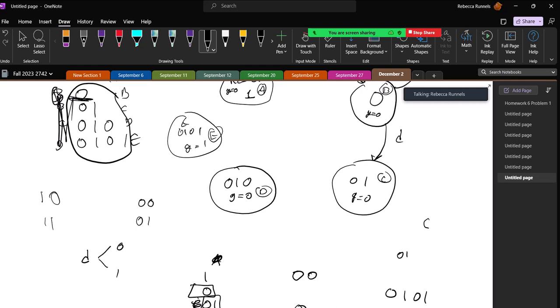If I'm in state 0, 1 and I get a 1, then now I have 0, 1, 1. 0, 1, 1 is nowhere in my path of getting to my goal. So if I get a 1, I go back to the start. On the other hand, if I get a 0, I had a 0, 1 because I was in state C. I get a 0, 1, 0. That brings me to state D.